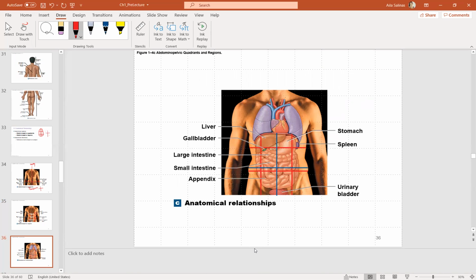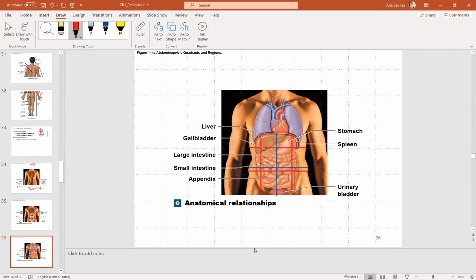And here we have the location of some organs. These are the relationships. We can find the stomach in the hypogastric. And here in the umbilical, we have a huge portion of the large intestine. Other way, here we have the colon. Here we have the small intestine.